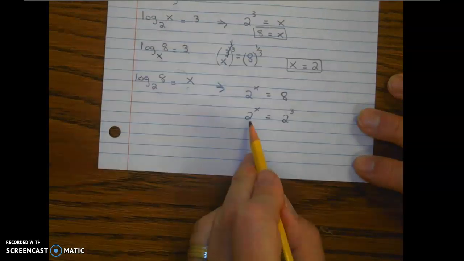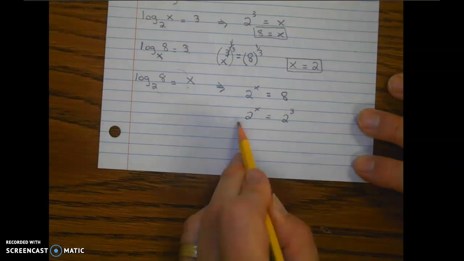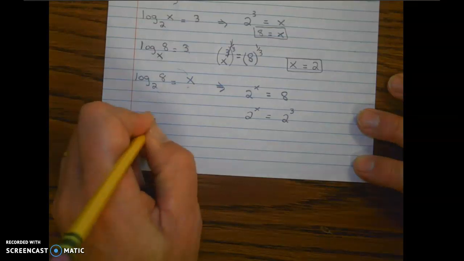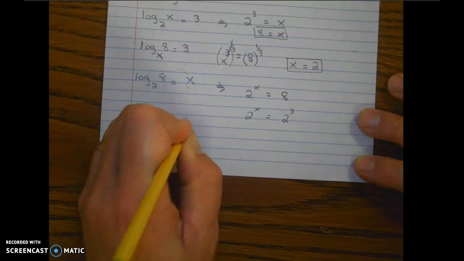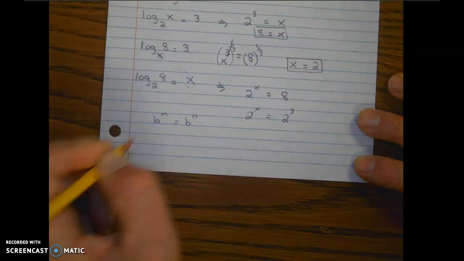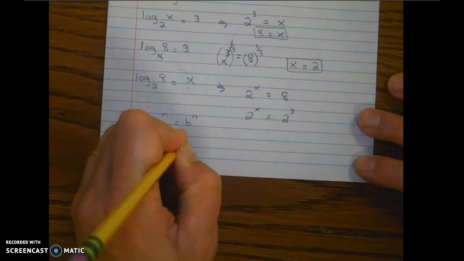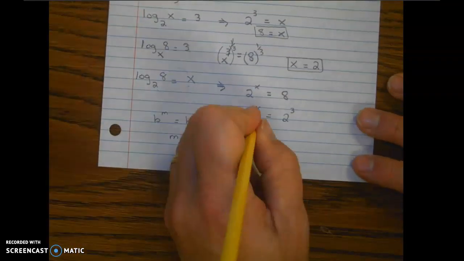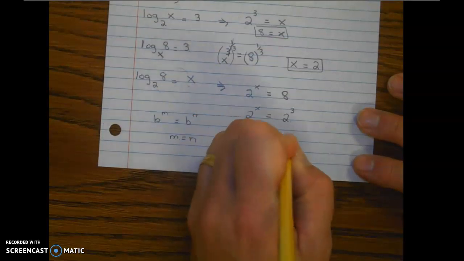Once you make the two bases the same, if possible, then you can set the exponents equal to each other. The rule is, if base to the m equals base to the n, and the bases are the same, you can set m equal to n. So that's what we're going to do here. The bases are the same, so we set x equal to 3.